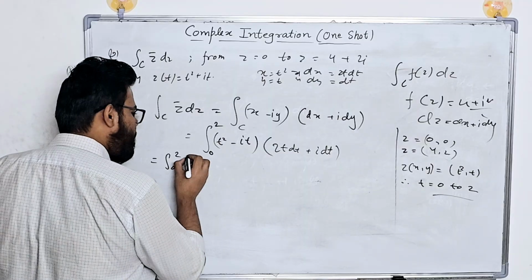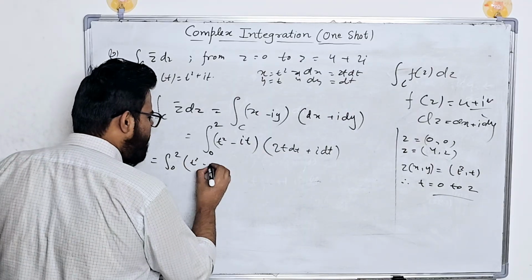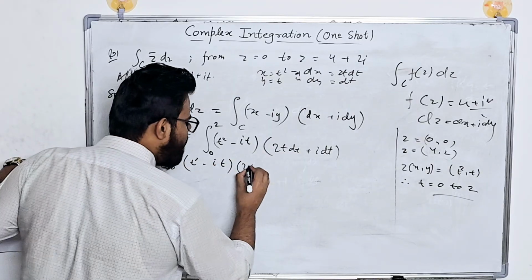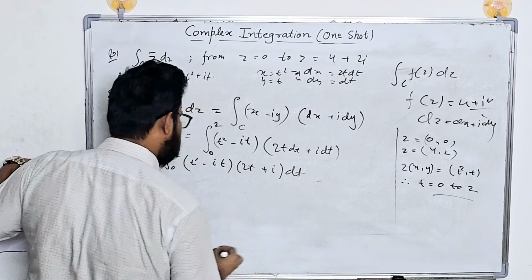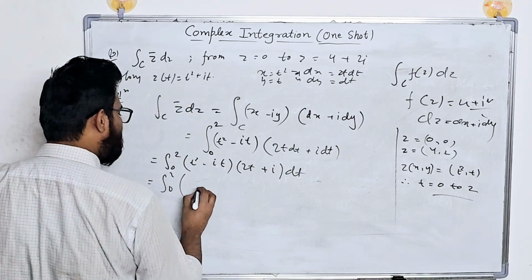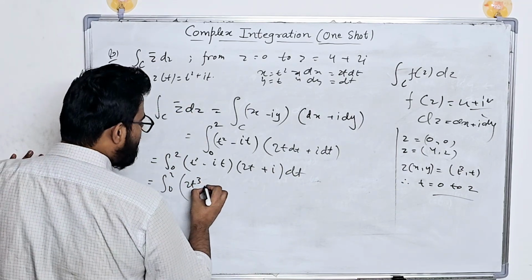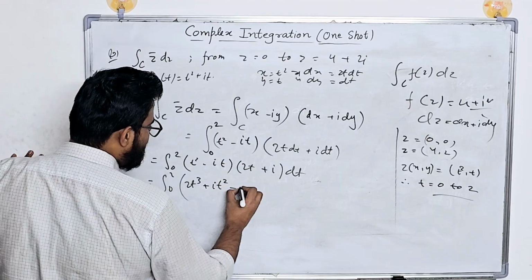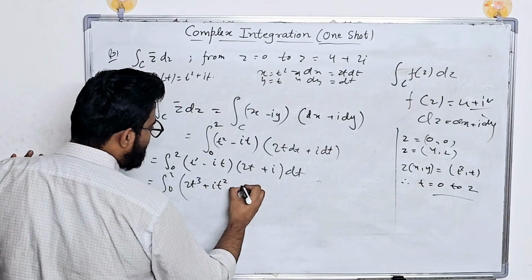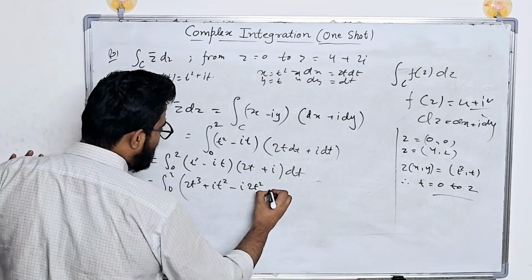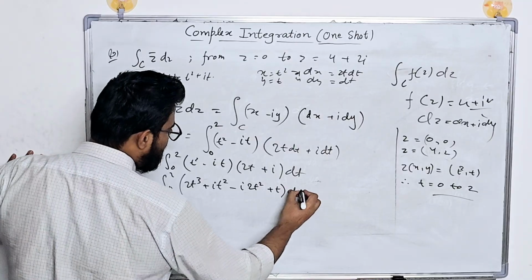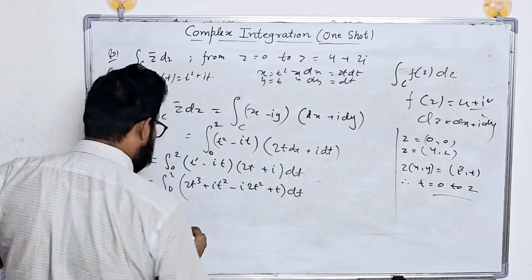0 to 2, t square minus it times 2t plus i dt. Now just multiply it. 0 to 2 of 2t cube plus i t square minus i 2t square plus t dt. Now just evaluate this expression.